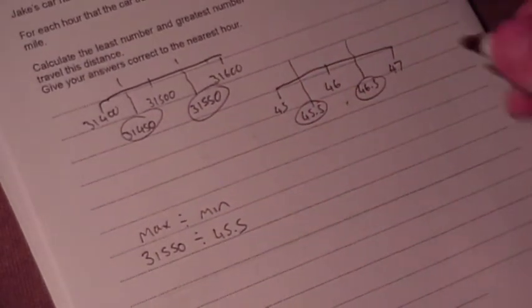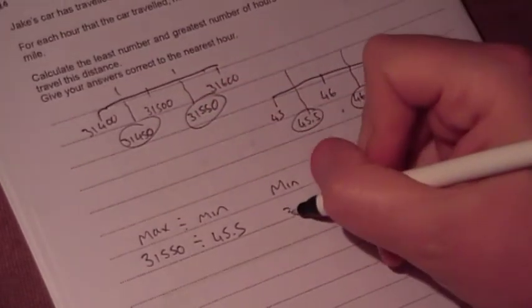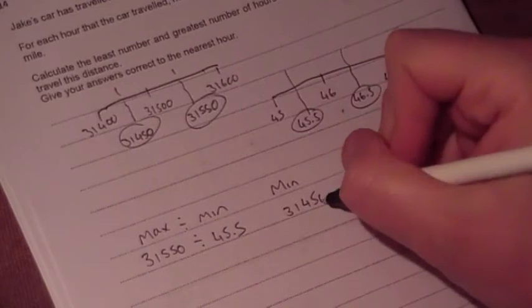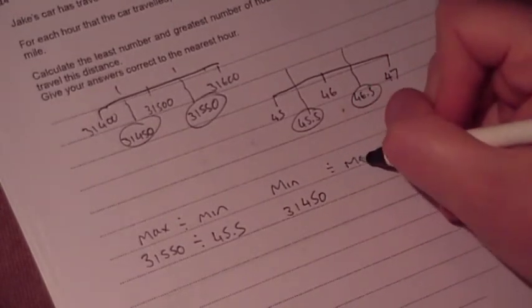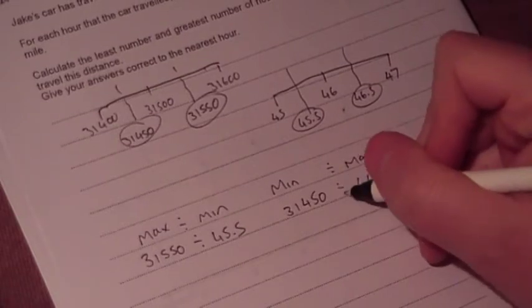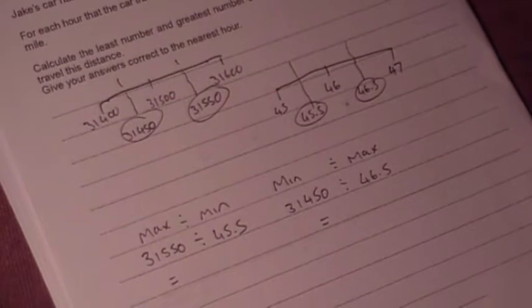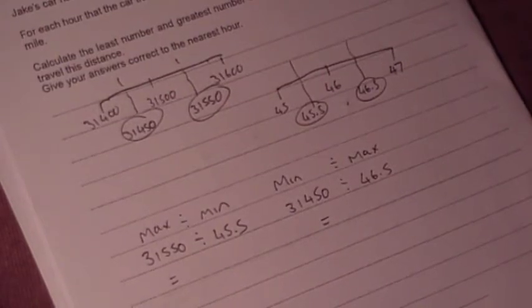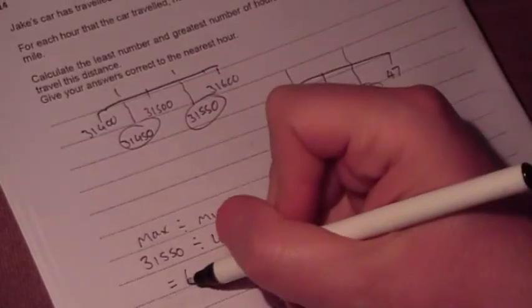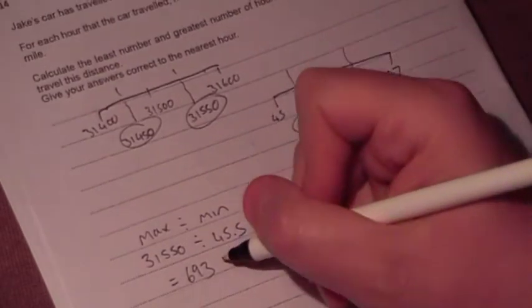And then I'll also want to do the minimum, which was 31,450, and divide that by the max from here, 46.5. And these will both give me then my least and my greatest. So a bit of typing in the calculator now. The first one here gives me 693.4.